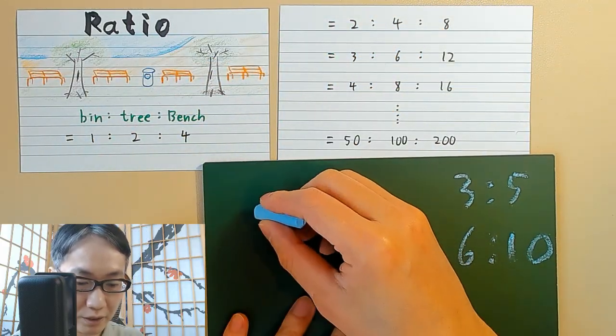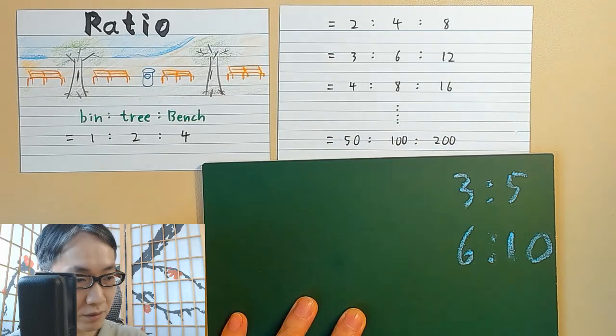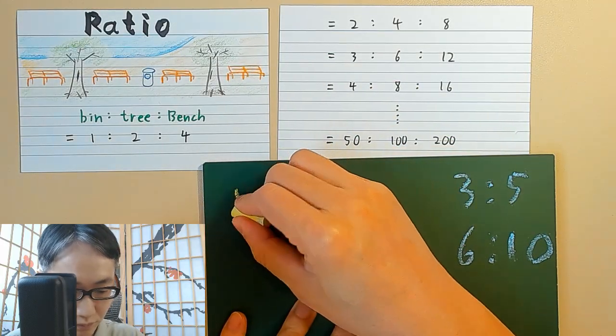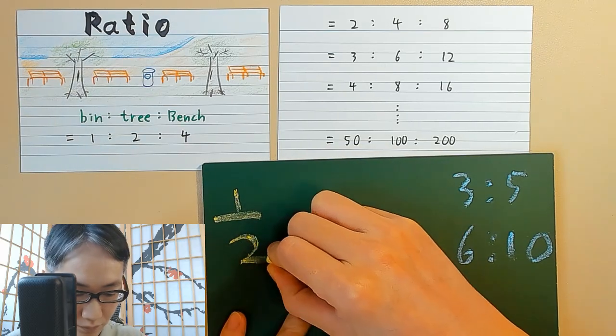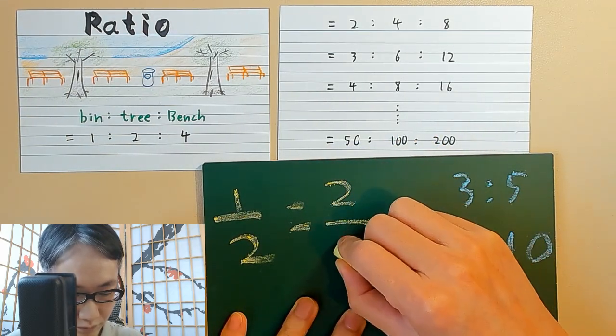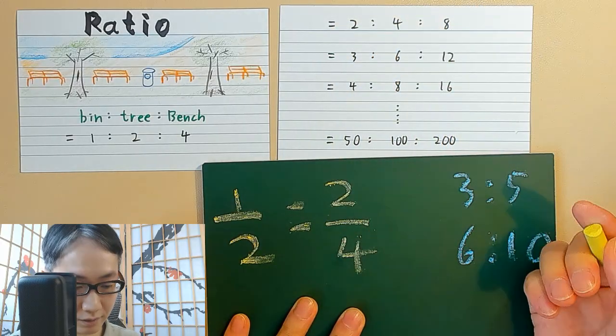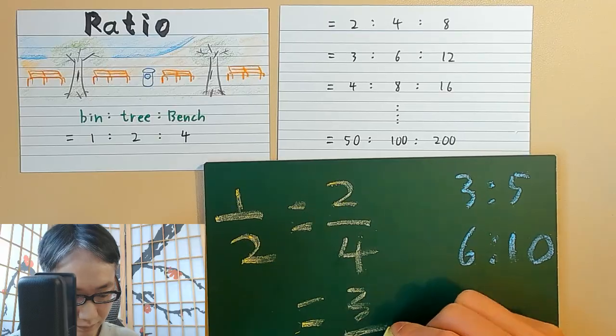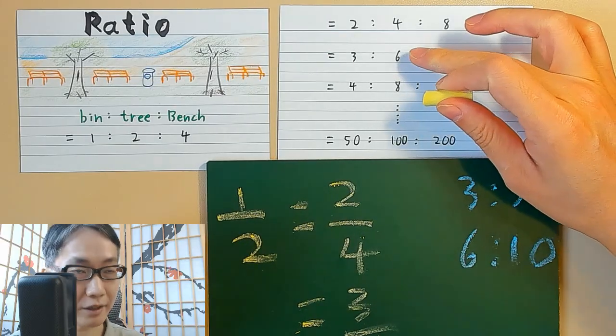So between bin and tree, the fraction is 1 over 2, which equals 2 over 4, like here, then equals 3 over 6, like here.